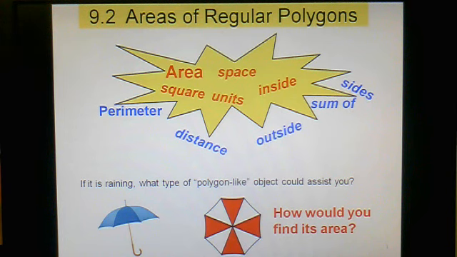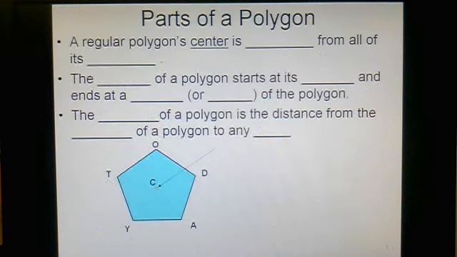So we're going to define what the center of a polygon is as well. So we've got some vocab, sort of front-loading some vocab on your paper. The first one on there, actually I'll give you a second to label the vertices of this pentagon, T, O, D, A, and Y, and try to find point C, which would be, again, at the center of this pentagon, or any polygon that has a center. We'll talk about that in a minute.